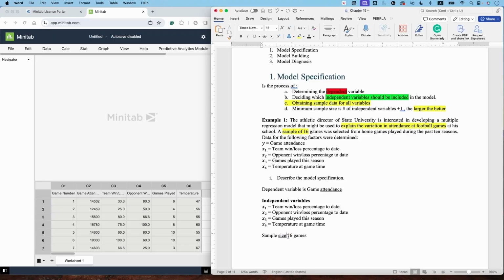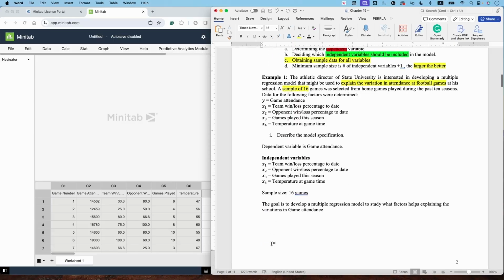Which is way above the number of independent variables. So this is the description of the model. And the goal is to build a regression model. So the goal is to develop a multiple regression model, okay? To study what factors help explain the variations in the game attendance, okay? So we may say this.